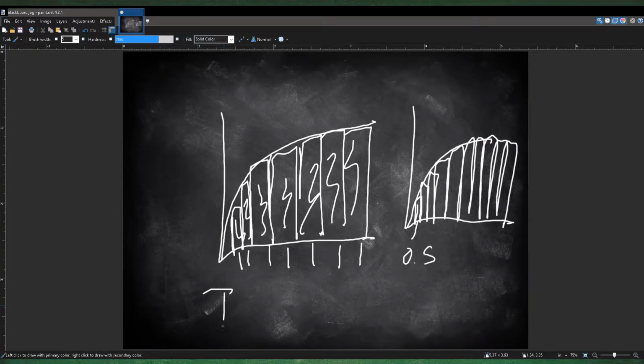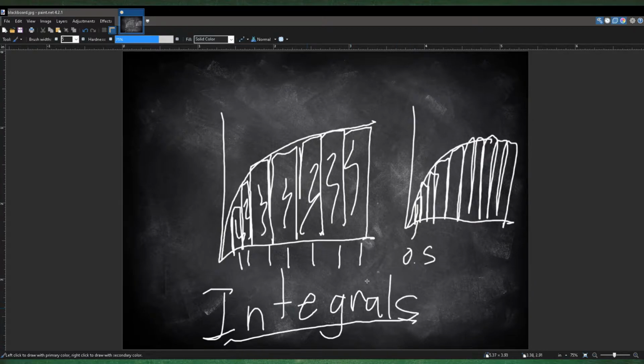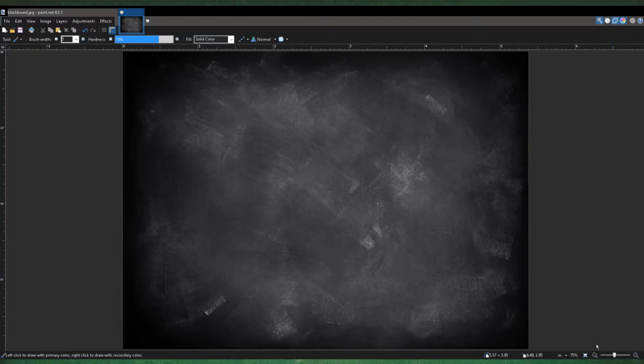This will be the concept of integrals, which uses the idea of small changes in area, which you could combine together to get a really close approximation of an area, and which you could combine together to finally find the exact area under a curve.